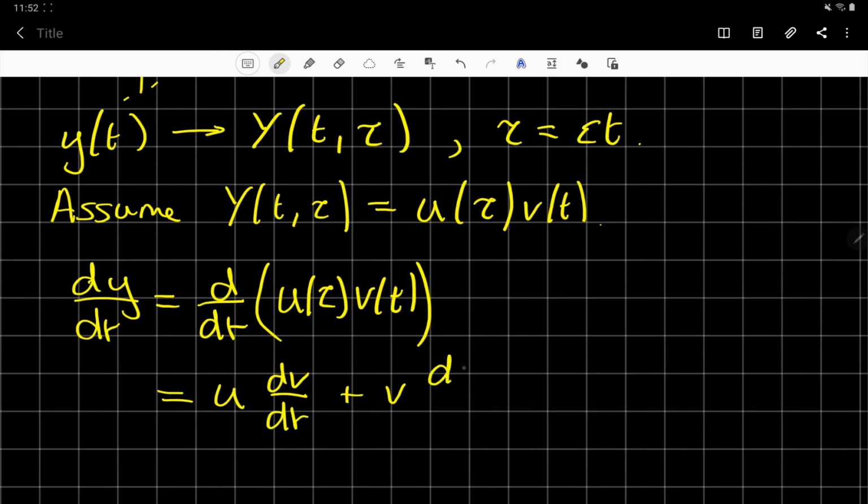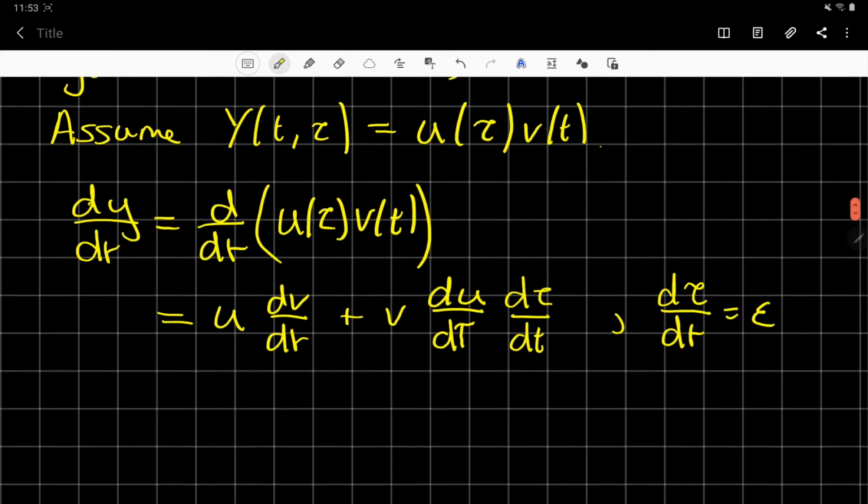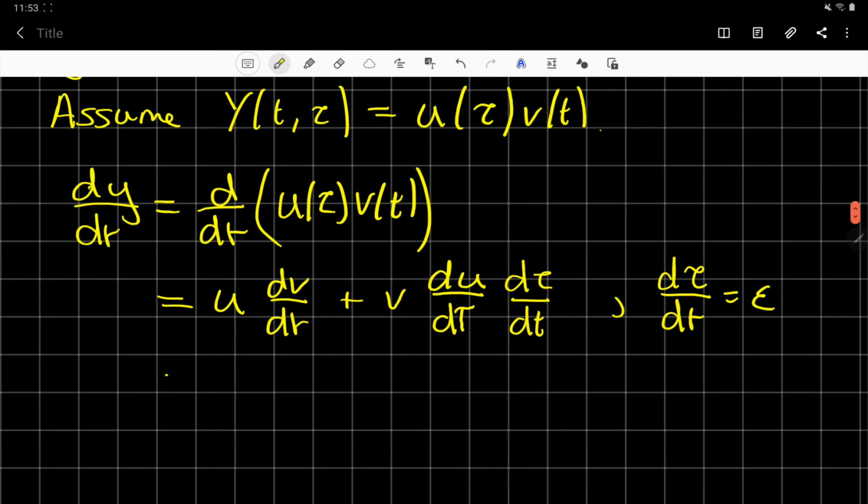So that's du/d tau times d tau/dt, and d tau/dt is epsilon. So dy/dt is going to be u dv/dt plus epsilon du/d tau times v.